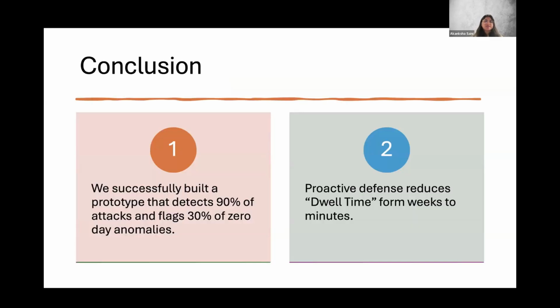So, to conclude, the project successfully demonstrated that a dual AI approach can significantly enhance threat hunting capabilities. We built a prototype that detects 90% of known attacks with high precision and successfully flags 30% of zero-day anomalies that traditional tools might miss.